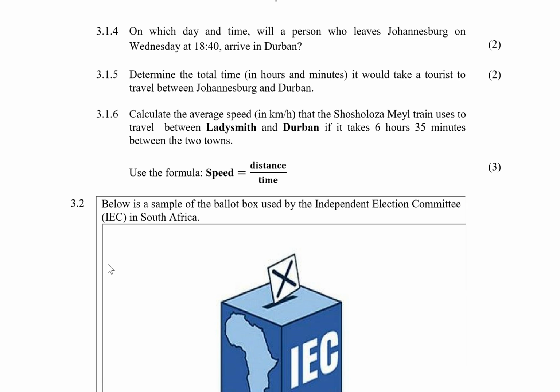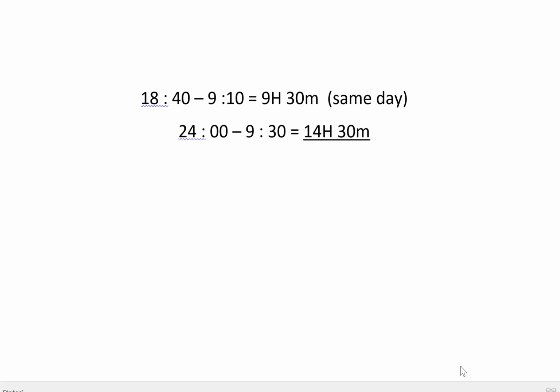And just take a look at my answer. We just need to take note of something that might be a little bit confusing. You'll see that the departure time is 18:40, or 20 to 7 in the evening, and the arrival time is 10 past 9 in the morning the next day.